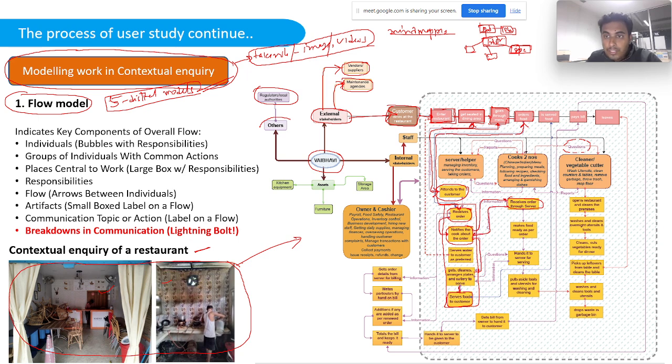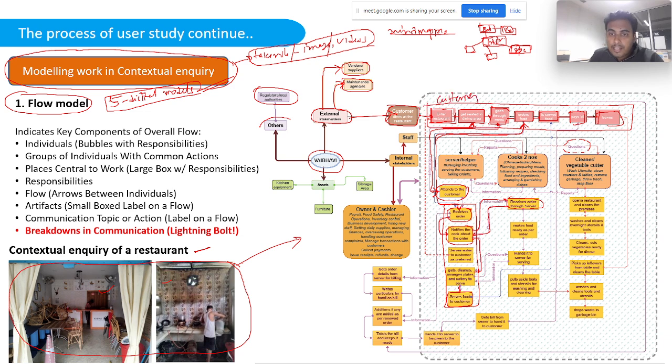Now this food has been served using the same path. Okay, and now he checks if the food is served. If yes, then he eats, pays the bill and leaves. So here you can see another task flow of a customer.